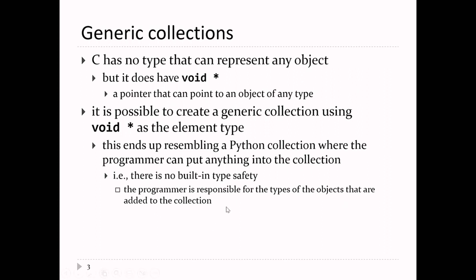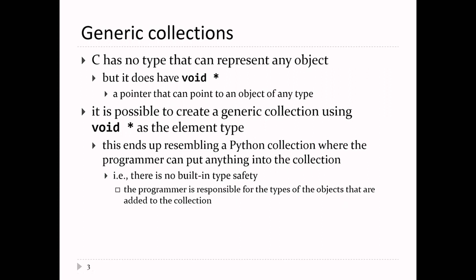If you do this, what you end up with is a collection that resembles a Python-like collection, where you can put anything you want into the collection. In Python, if you make a list, you can put whatever you want in the list. You can put in a double, then an int, then a string, and then whatever you want, another list, which is different than in Java. So you can do this in C, but you end up losing all type safety.